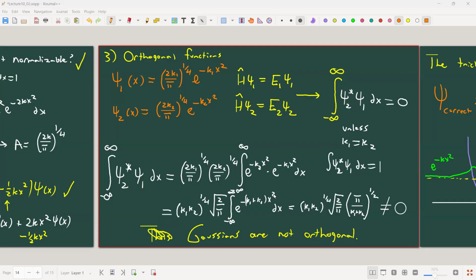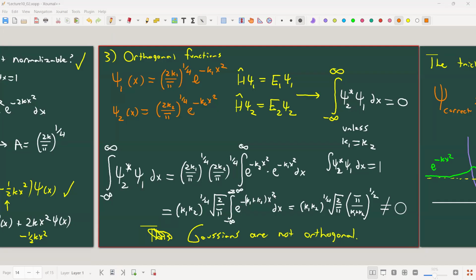That's the Born probability rule. We integrate the square of the function. This should always be 0 unless the two states psi 1 and psi 2 happen to be the same state. Right? The probability that a system in state 1 stays in state 1 is 100%. The probability if it's in state 1 for it to be in state 2 is 0.